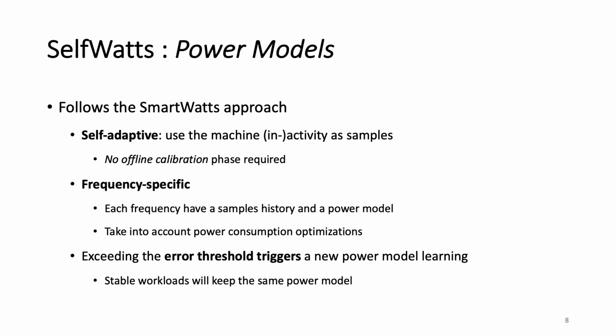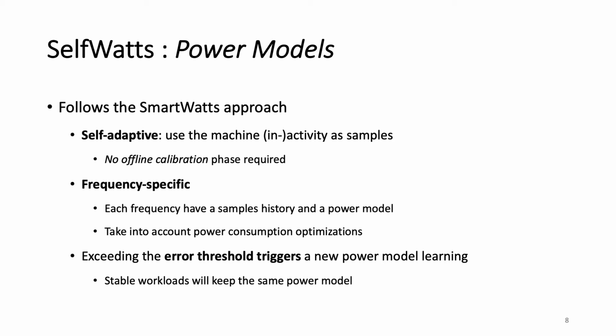For the SelfWatts power model, it's the same as SmartWatts. So its power models are self-adaptive. It uses the machine activity and inactivity as samples to learn its power model. So there is no offline calibration phase required to learn the power model. The model is frequency specific.